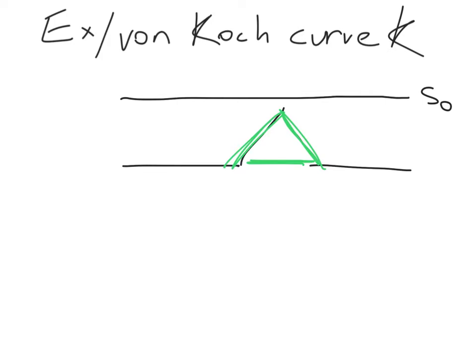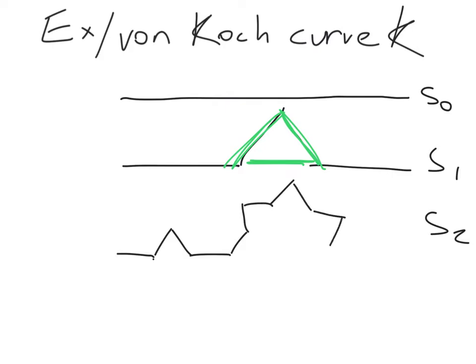And then let's do that again. In our next step, so this will be S1, for every line segment that we have, and these are all equal length, they're just drawn badly, we're going to replace the middle segment with 2 pieces of an equilateral triangle. And imagine continuing this process.